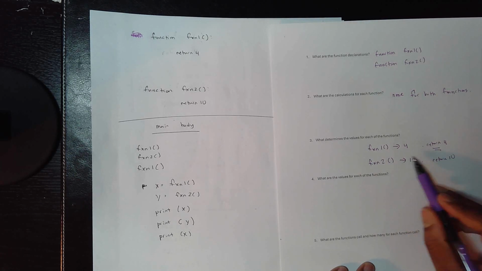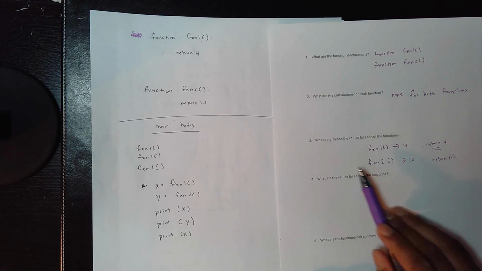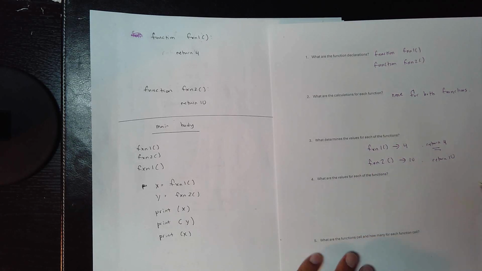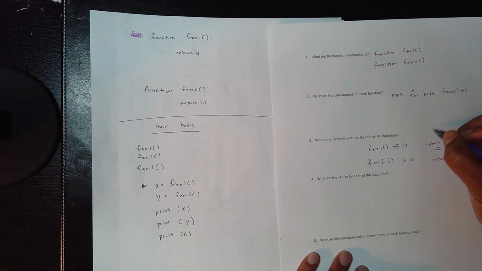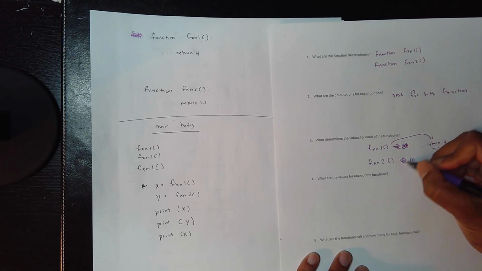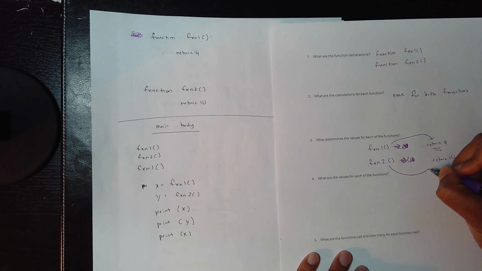So now I give it a value, right? In other words, the question is, what determines the value for each of the functions? For function 1, your return value is determined by return 4. For function 2, it's return 10.